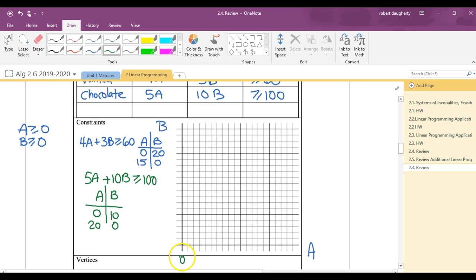So if this is 0, I could have 5, 10, 15, and 20, and the same thing here: 5, 10, 15, and 20. So I need to find out what 0, 20 is right here, and 15, 0 is right here. Draw a line that connects those two.